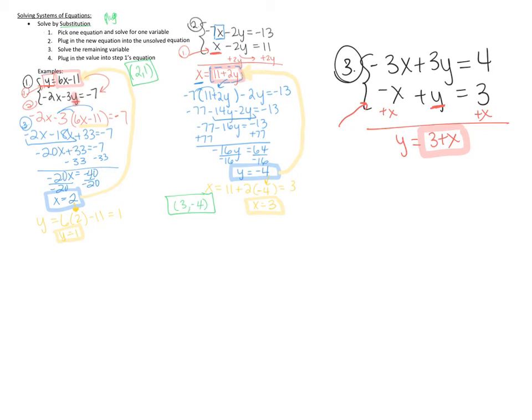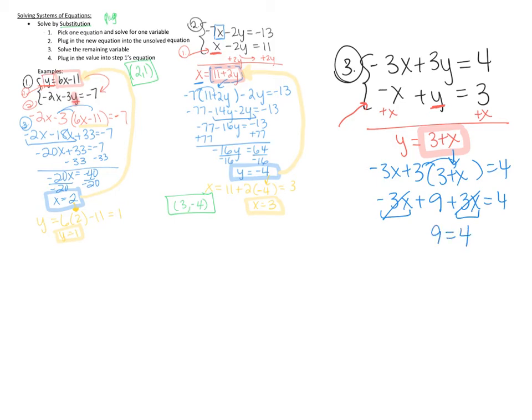I start writing my new equation. -3x plus 3. Instead of the y, I'm going to write my 3 plus x equals 4. All right, so now I start solving. I'm going to distribute. I'm at -3x plus a 9 plus a 3x equals 4. Then I'm going to combine those like terms. Uh-oh, they cancel. So then I have 9 equals 4.